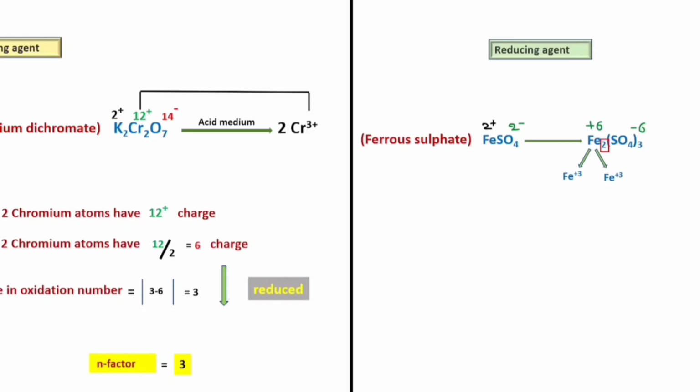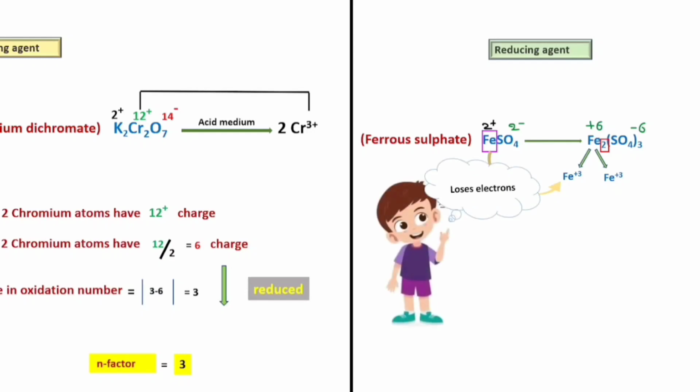So ferrous atom which has +2 charge changes to ferric with +3 charge. So there is an increase in oxidation state. Increase in oxidation state means oxidation, and oxidation means loss of electrons.